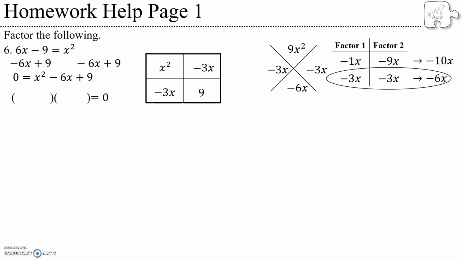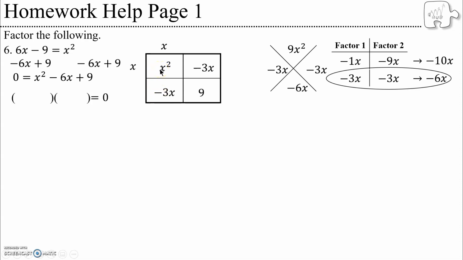Now, finding the greatest common factor, going up and down from this x squared, they both have an x. Going across, they both have an x. Remember, whenever this top left box is x squared, it'll always just be x and x as our factors, because there's no number before the x squared, so we can pull out an x, but we can't pull out a 2 or a 3 if there's no number there.